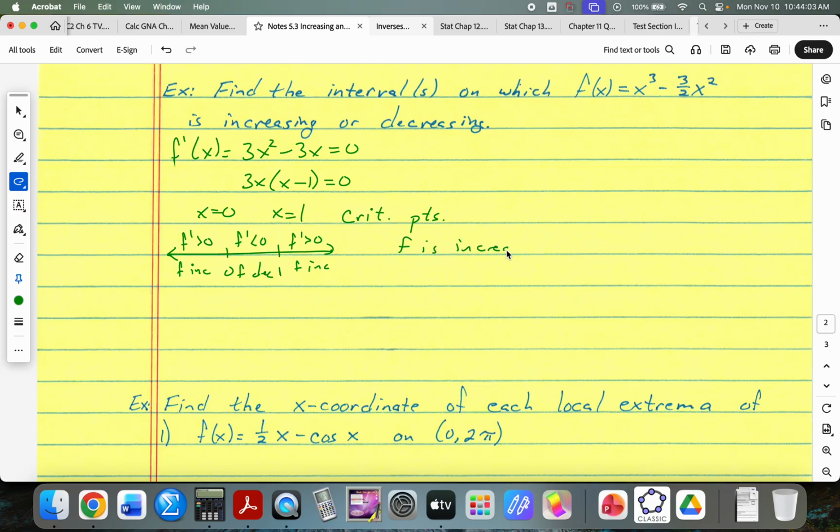So f is increasing on the interval open at negative infinity but closed at 0, and closed at 1, open at infinity, and f is decreasing on the closed interval from 0 to 1.